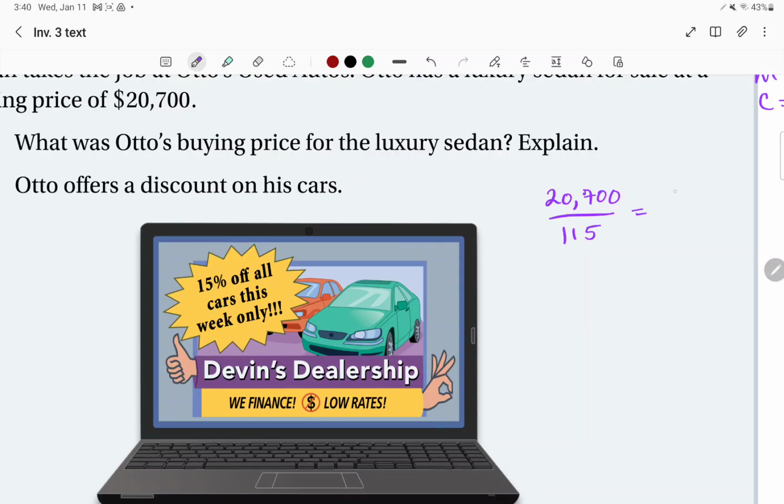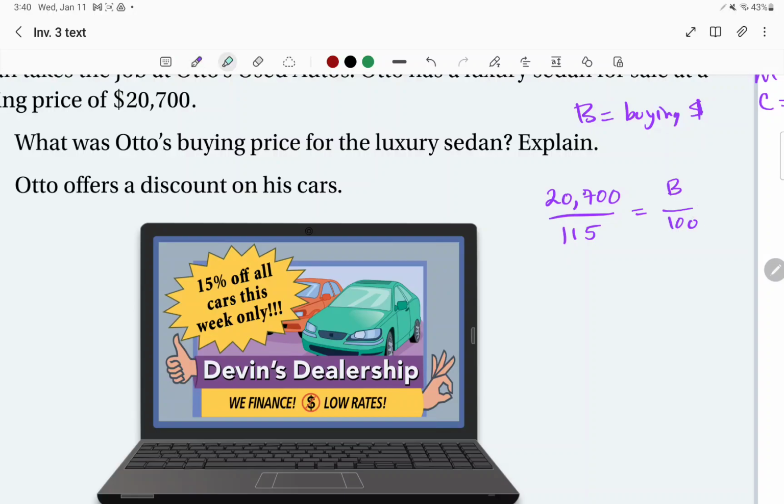Let's use B for buying, because that's what he bought it for. So B is equal to the buying price. So that's what Otto bought it for, is equal to B over 100.